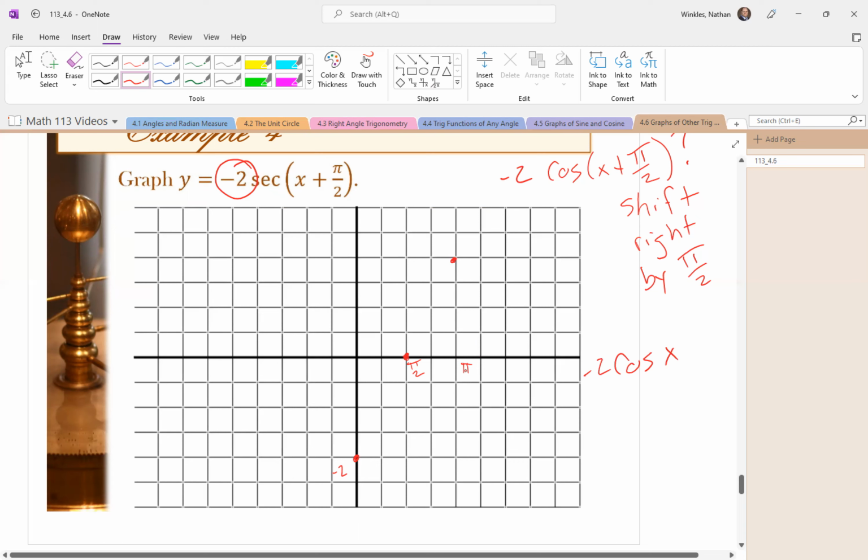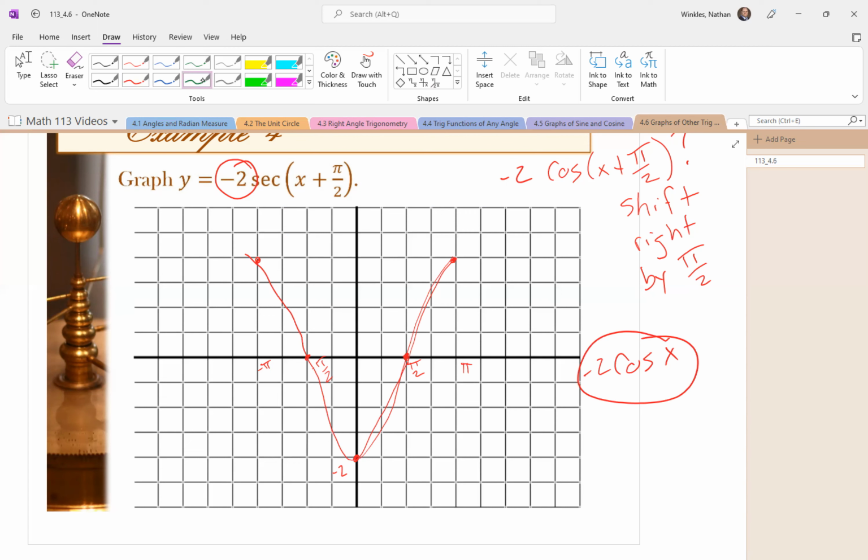And at minus pi over 2, that will put us here. And at minus pi, it puts us here. So in general, our graph looks like this for this function.